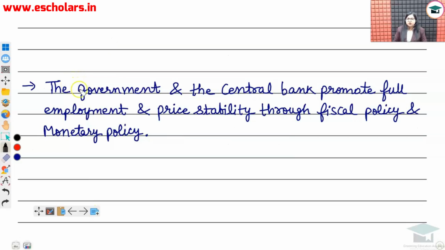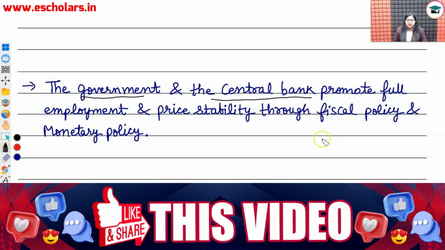Next students, here we need to note how the government brings stabilization in the economy. See, basically the government and the central bank bring the stabilization in the economy. The government and the central bank, that is RBI in India, promote full employment and price stability through their policies, that is fiscal policy and monetary policy. We know that fiscal policy is basically the policy used by the government in order to promote full employment and price stability in the economy by altering the tax rates and the public expenditure.